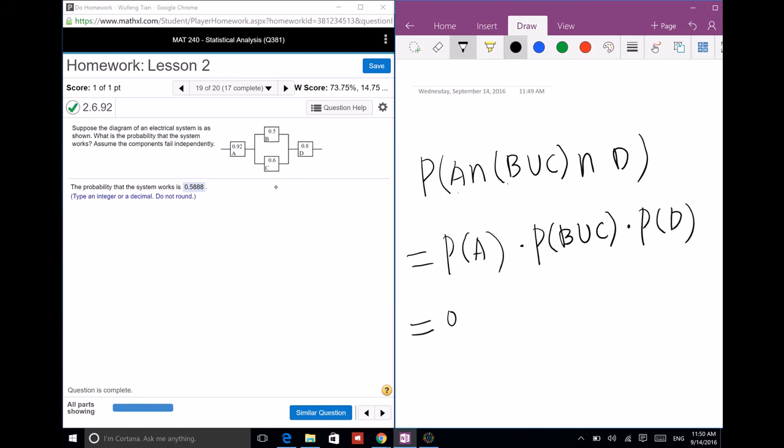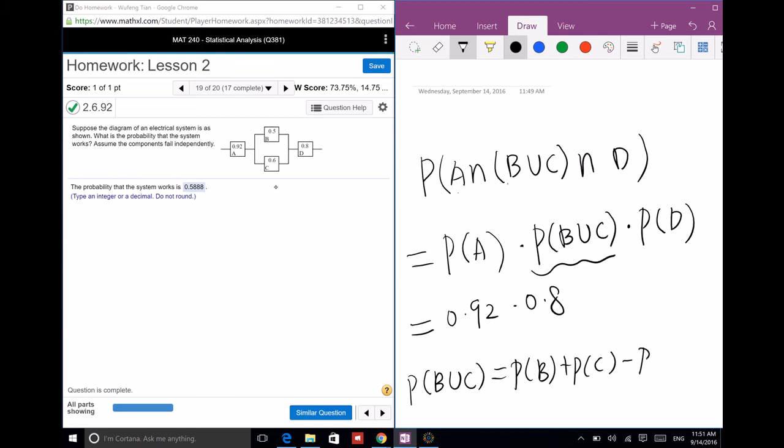So A is given, which is simple. D is given as 0.8. Well, we now need to find P(B ∪ C). For B or C, you need to use that formula: P(B ∪ C) equals P(B) plus P(C) minus P(B ∩ C).